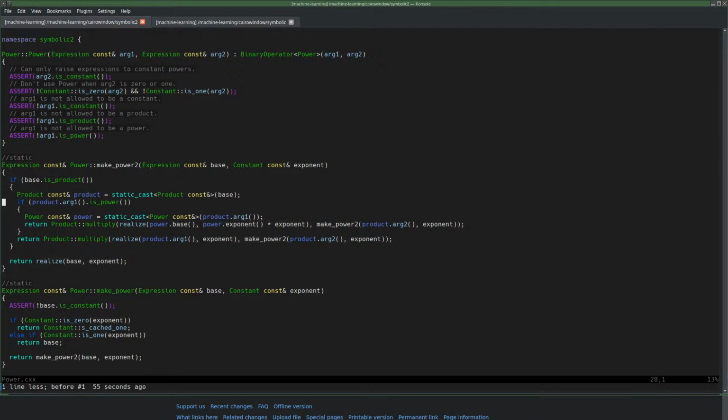So I want to end with one of them, and then the thing that is different is what is passed to realize.